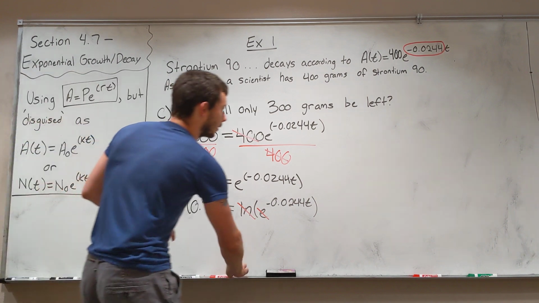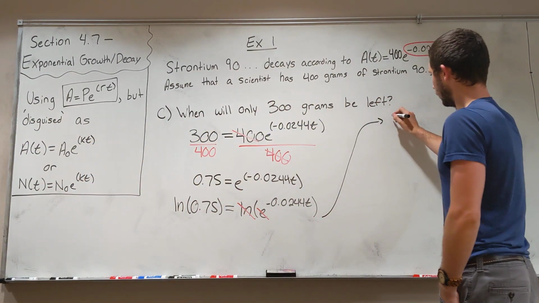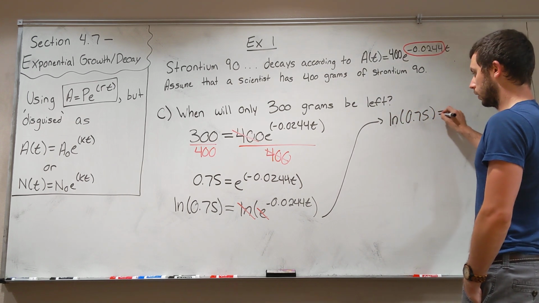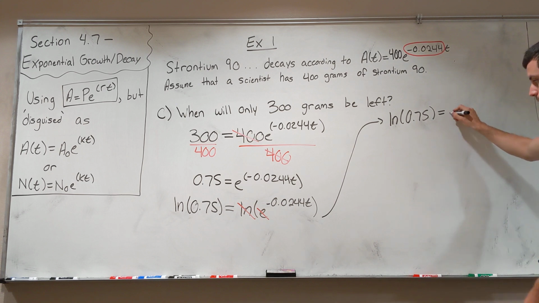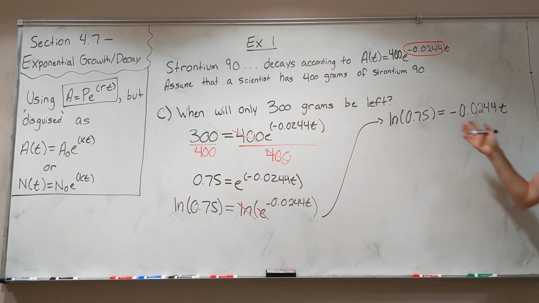And what we get from here is now natural log of 0.75 is equal to, well, whatever that exponent remains as. So just like this. Finally, to get t by itself, we simply have to divide by the negative 0.0244.